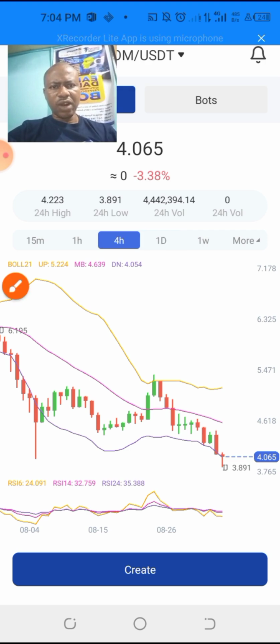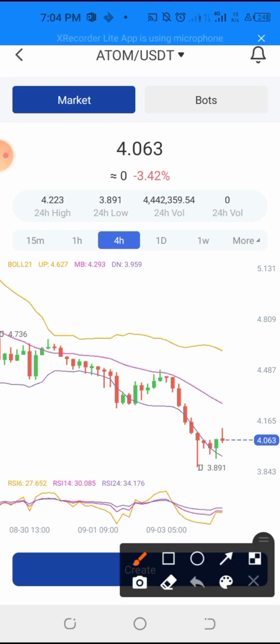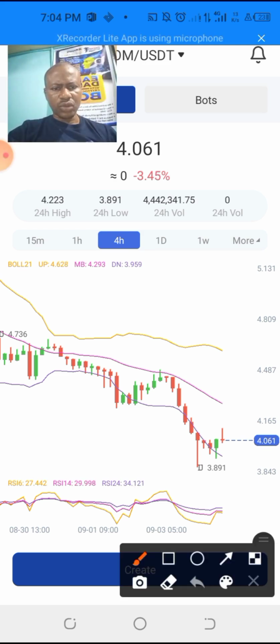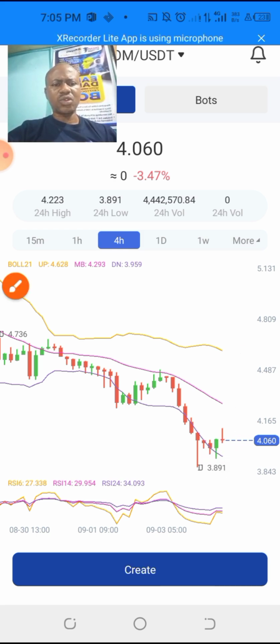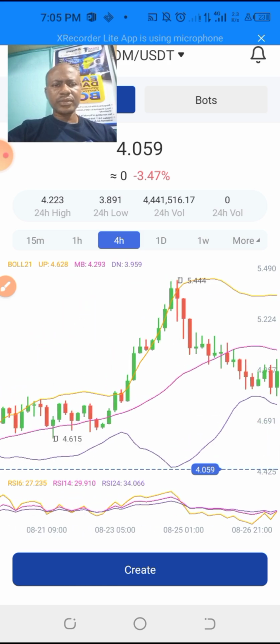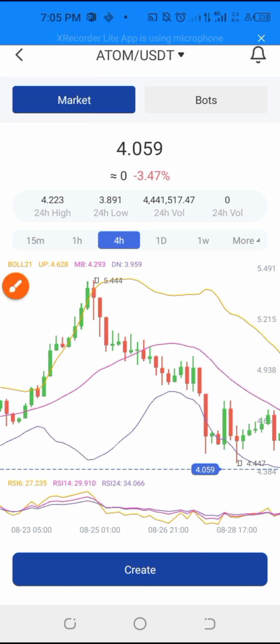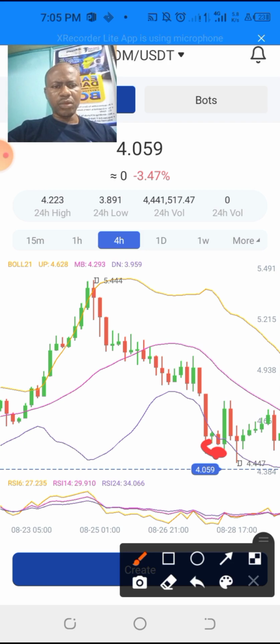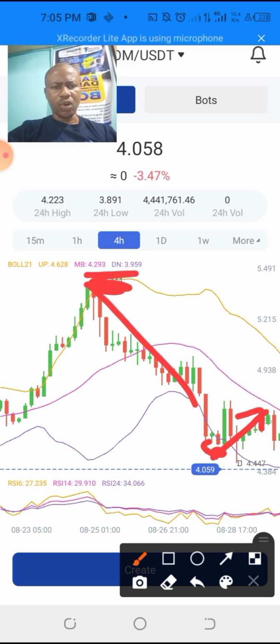Then on the 4-hour chart, you can see the Bollinger Band is touching the last candle too. The last candle touch is around the region of the lowest line of the Bollinger Band. Then the next thing is for it to go up. So this is a perfect coin for me. This is a good coin for me to enter, because anytime any candle touches the bottom of the last line, it will go back up, and when it touches the highest up here, it will come down.